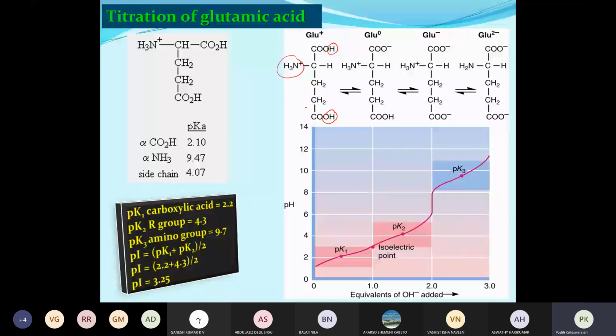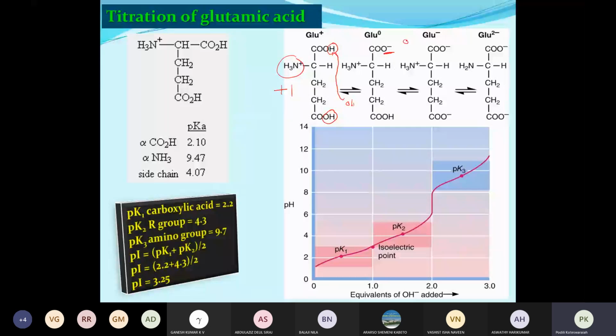Therefore, the net charge is +1. You can also see here +1. And when the alkali is added, initially when we titrate glutamic acid with sodium hydroxide, this alkali pulls the first proton from the carboxylic group, and as a result it becomes COO minus.